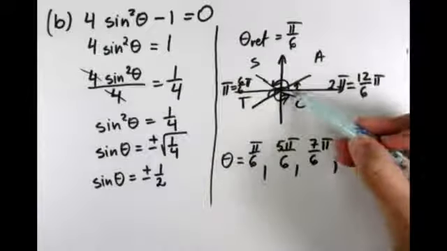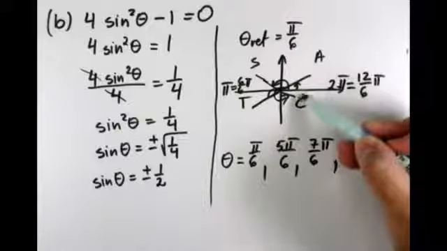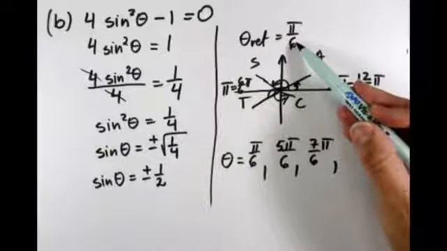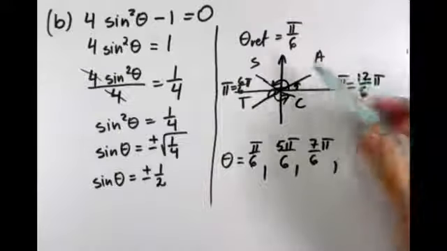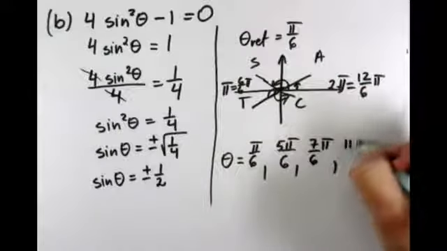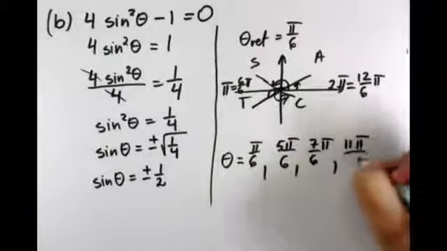So we have 12/6 and we are short of 1/6 pi. So 12/6 minus 1/6 gives me 11 pi over 6. That's the final answer for this question.